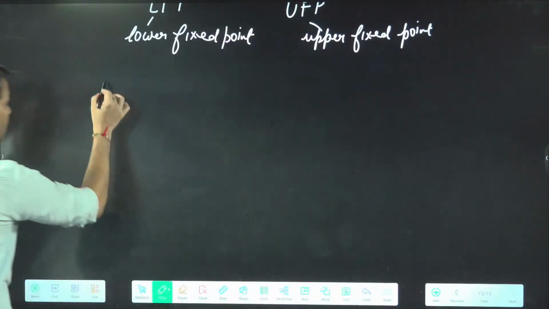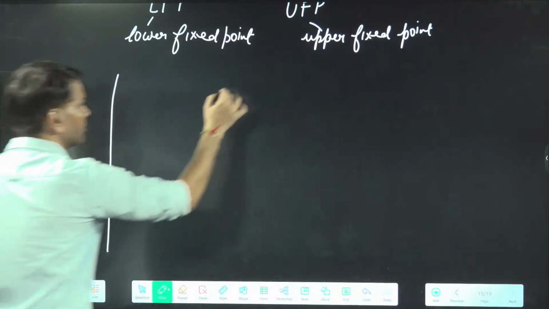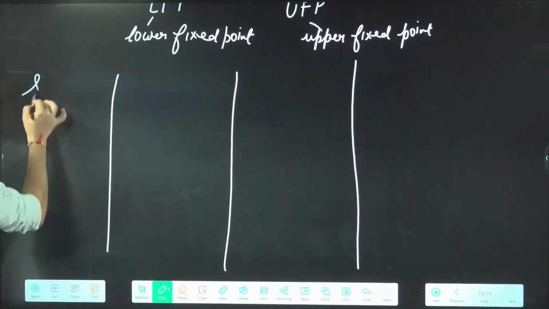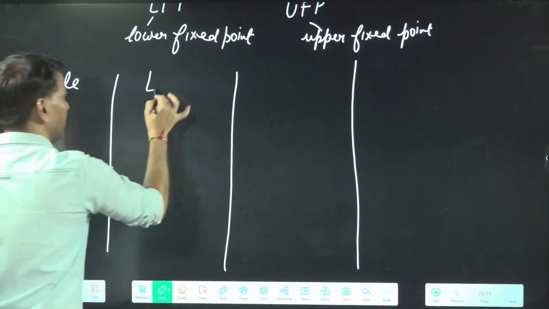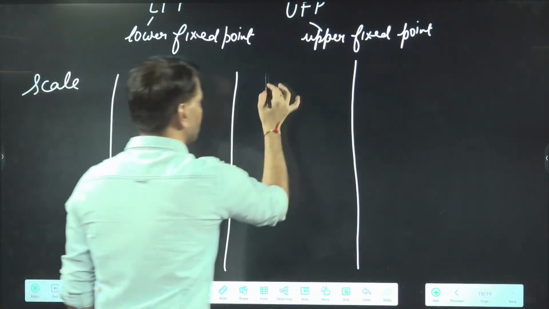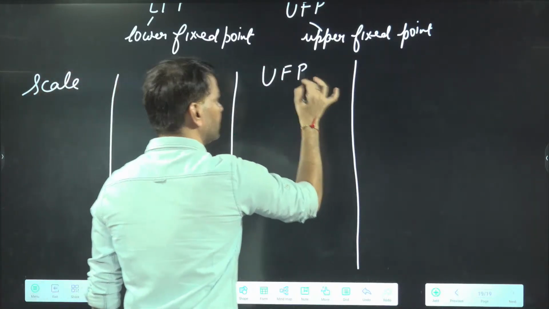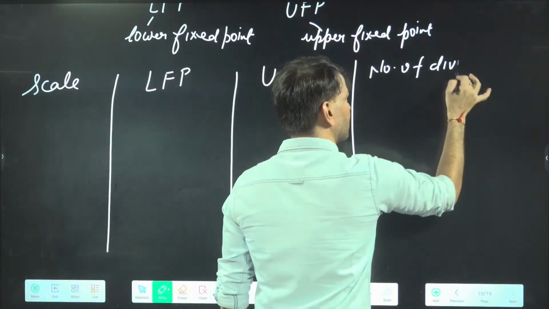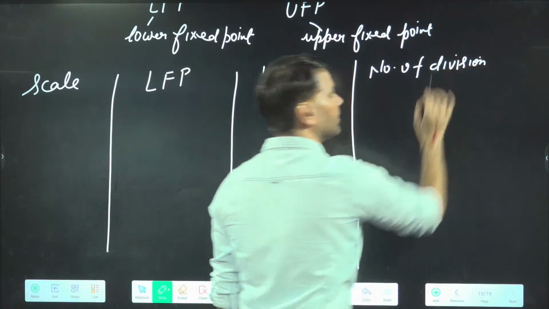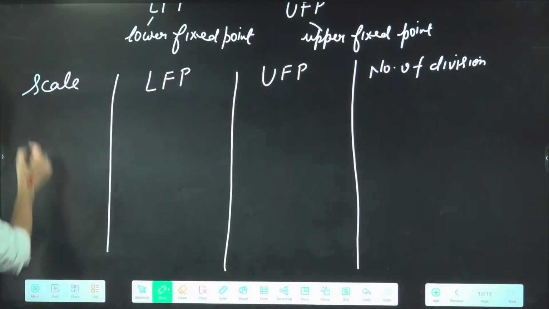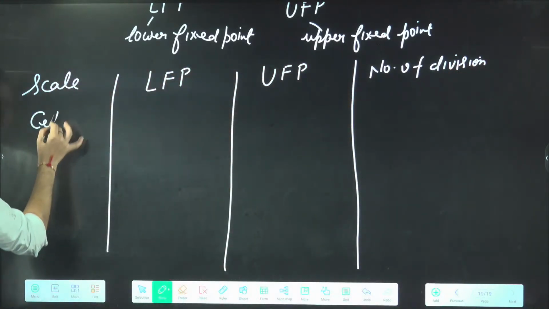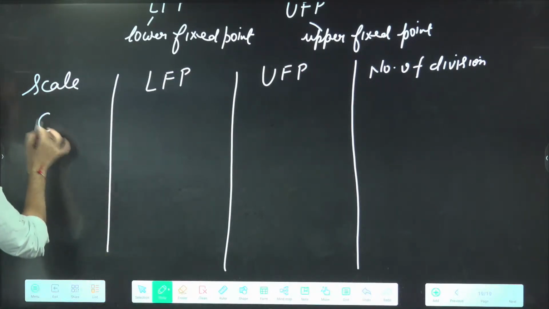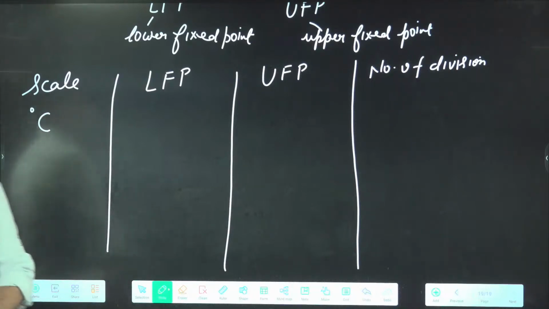Most of that you know. Suppose I am saying this is the scale: LFP, UFP, and number of divisions. So in the Celsius scale, what is the lower fixed point we take?